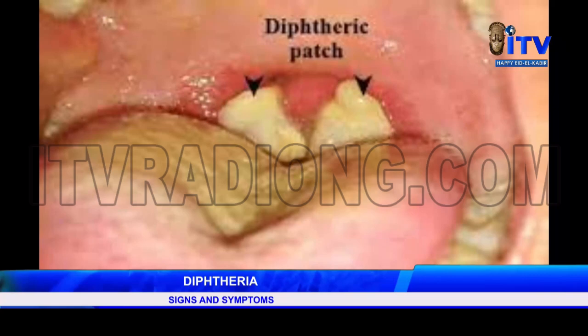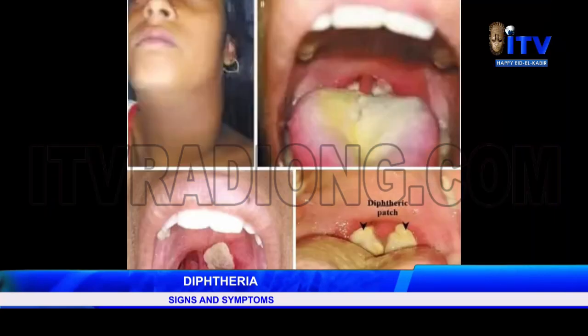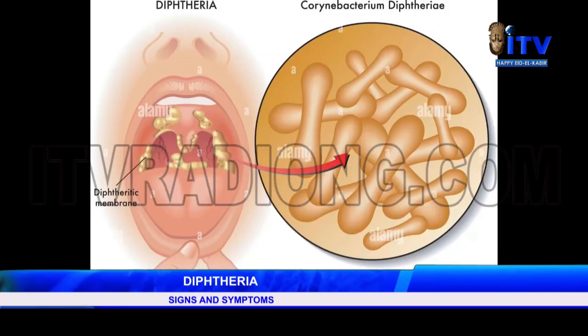So the symptoms are usually similar, but what gives diphtheria away is that adherent pseudomembrane in the sore throat, and then by the time you have the enlarged glands giving you the bull neck, then you'd say diphtheria. So they're similar. Actually, pharyngitis and exudative tonsillitis are all differentials of diphtheria.